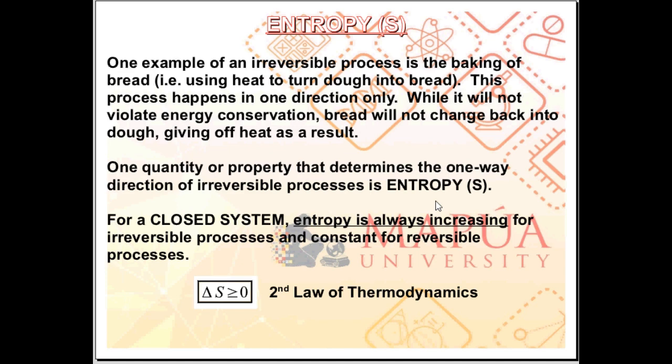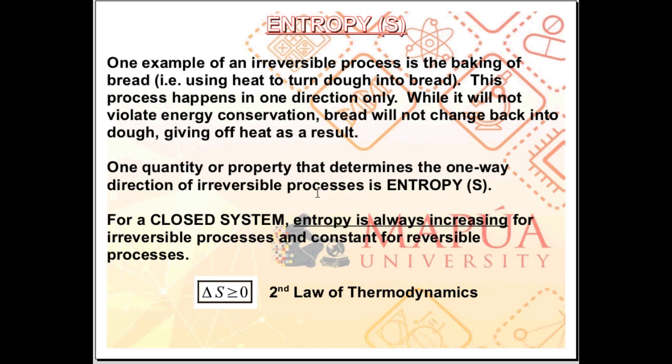If the entropy was constant, then that would mean that the baking of the bread is a reversible process and the bread can turn back into dough. We have the equation form of the second law of thermodynamics in terms of entropy. The change in entropy is always greater than or equal to zero, meaning either the entropy is constant, delta S is zero, or the entropy is increasing, delta S is greater than zero.